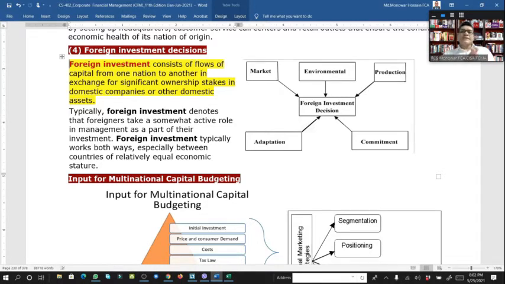So how does a foreign investment decision come? Firstly, we have to assess the market, assess the environment and the production needs, and ensure our commitment, and after that adopt the policy within that country. That is how the foreign investment decision comes.